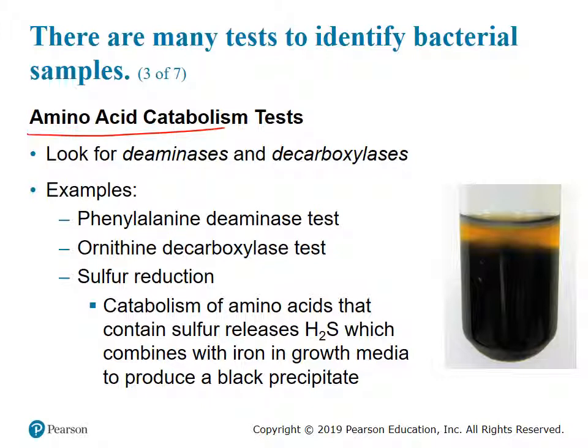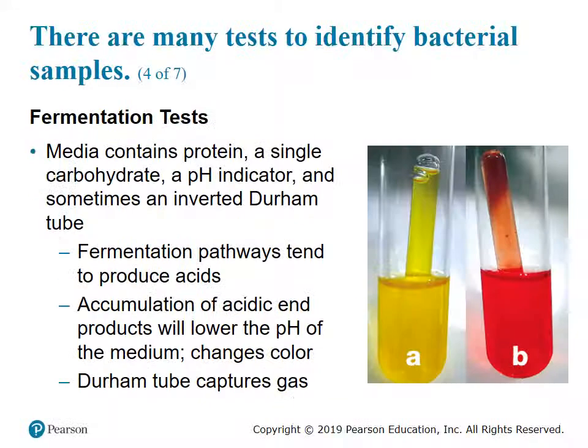There's one that tests for the breakdown, remember this, catabolism, of an amino acid or amino acids. So you can use this test to see if an organism breaks down amino acids. There's one that uses fermentation. That's the one we're working on this week: putting bacteria in there, watching it grow and seeing a change.